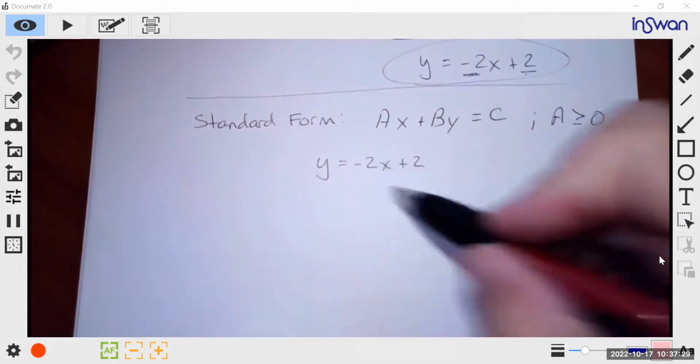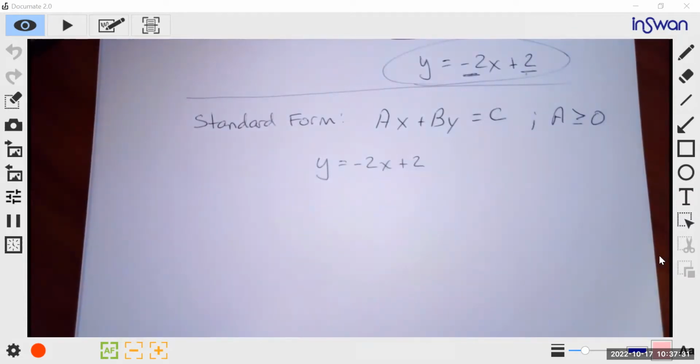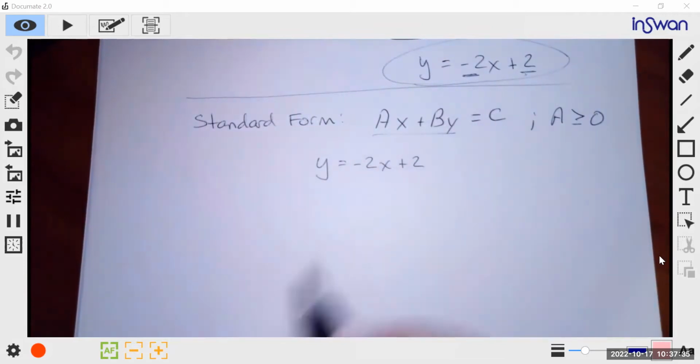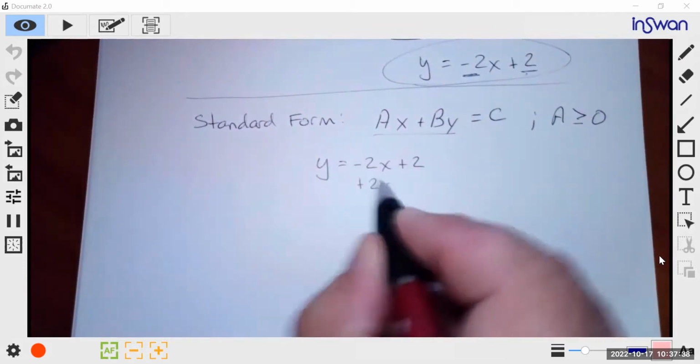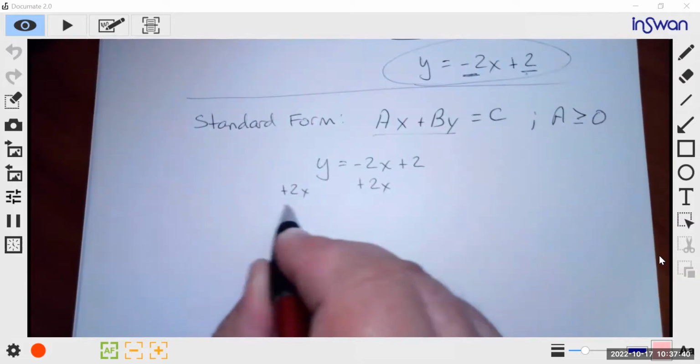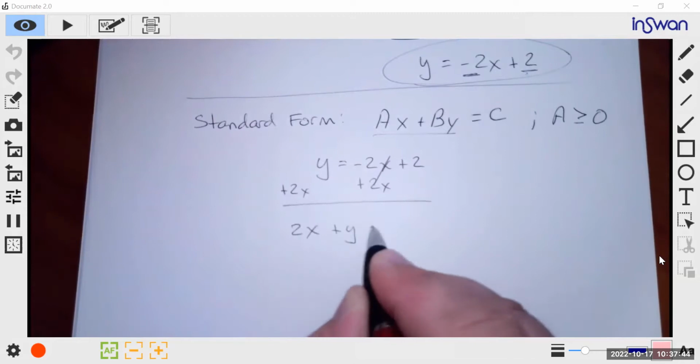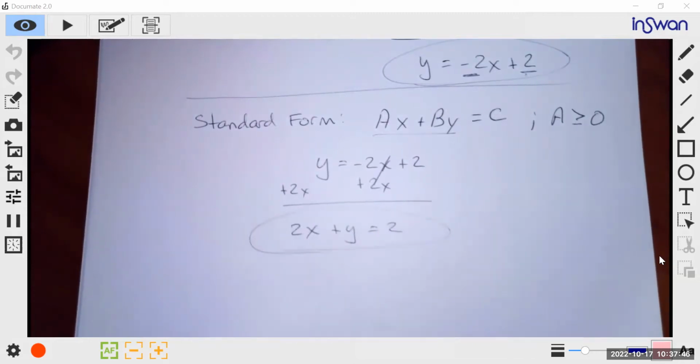So to put this in standard form, what do I have to do? I have to put x's and y on the same side. So I have to add 2x to both sides. So 2x plus y equals 2. There it is in standard form.